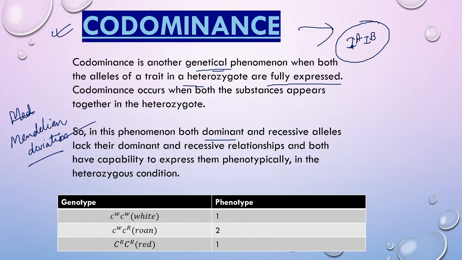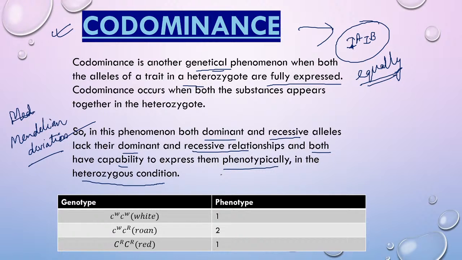Both the dominant and the recessive alleles lack their dominant and recessive relationship, and both have the capability to express themselves phenotypically in a heterozygous condition. So the dominant and the recessive allele don't have any dominant and recessive relationship among themselves, and both of them express themselves equally. Both are fully expressed, equally expressed.